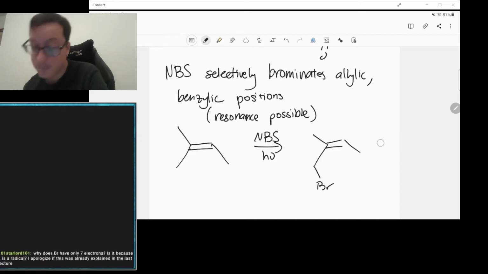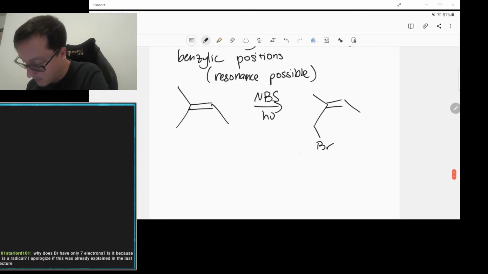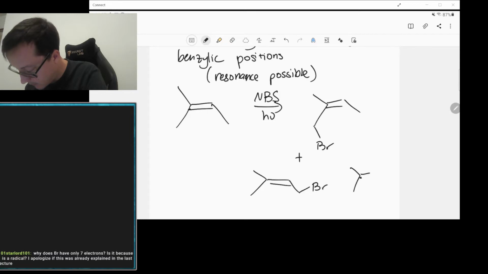Actually, I guess I have to do this separately because we're only going to get usually one position brominated. And then we have technically also the other side.